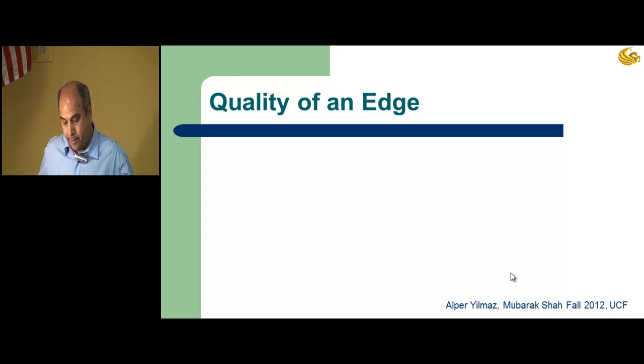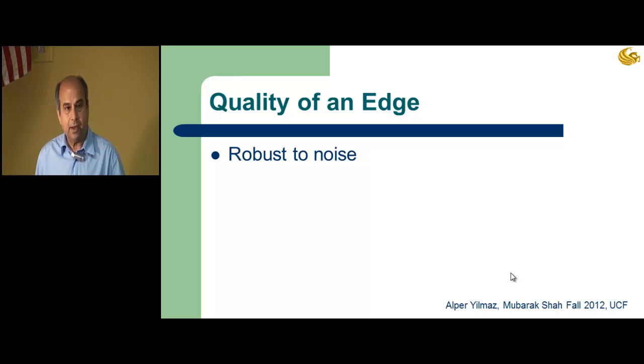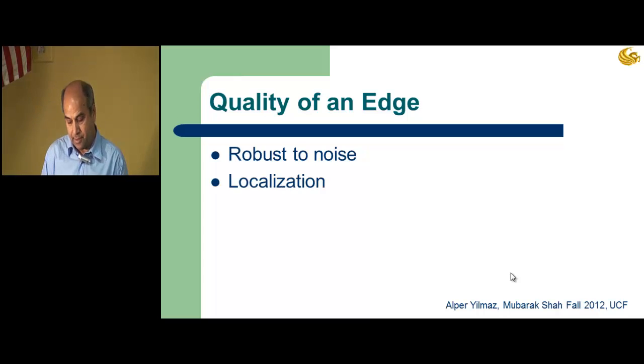Okay. Now, the important issue is, what is the quality of these edges? The first thing is that whatever algorithm you have, it needs to be robust to noise. As we talked about, noise can be due to illumination, due to lens problems, due to texture and so on. So that's important. And also we need to localize an edge.